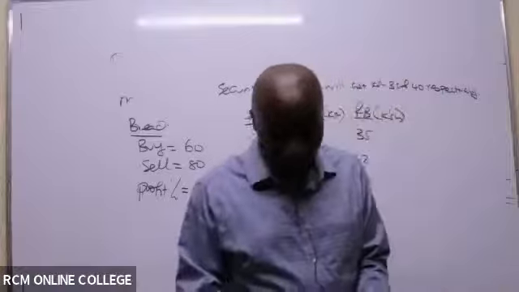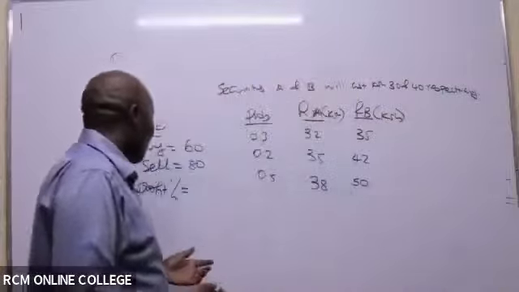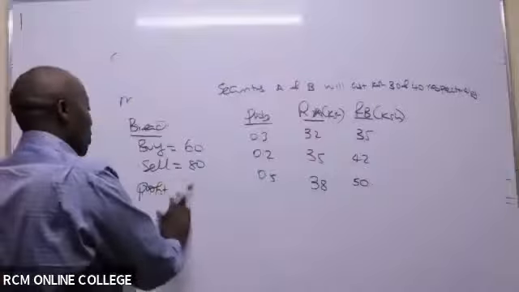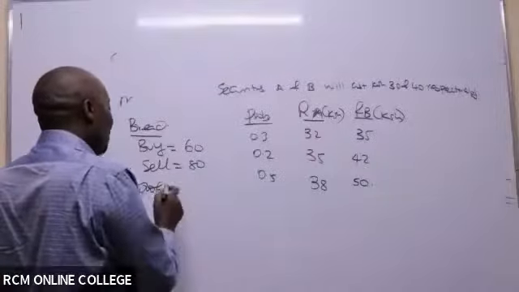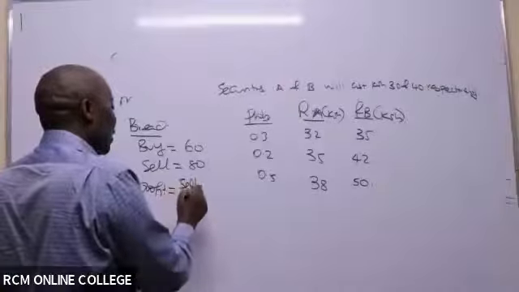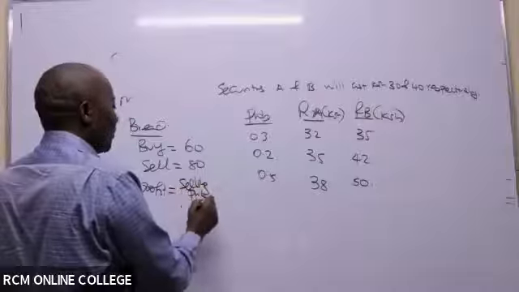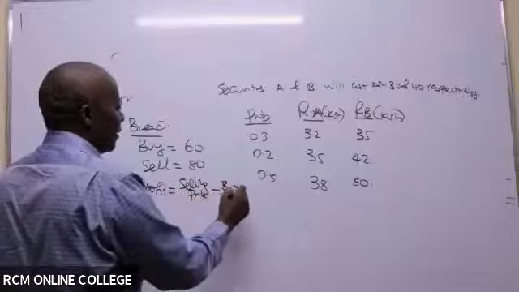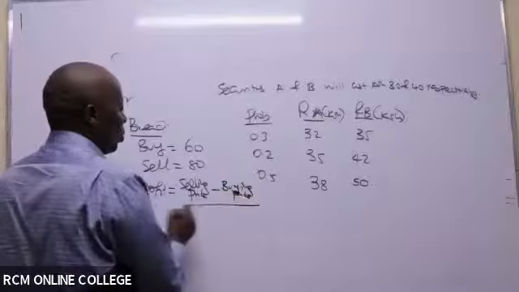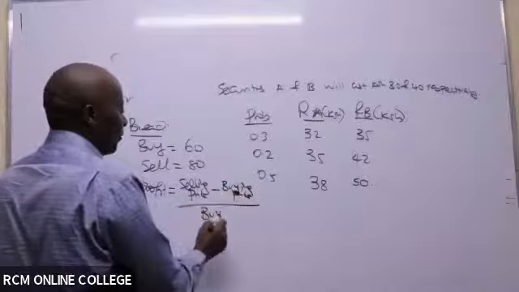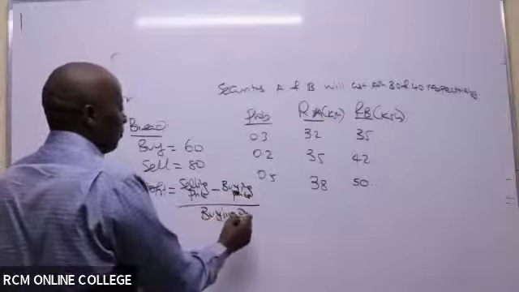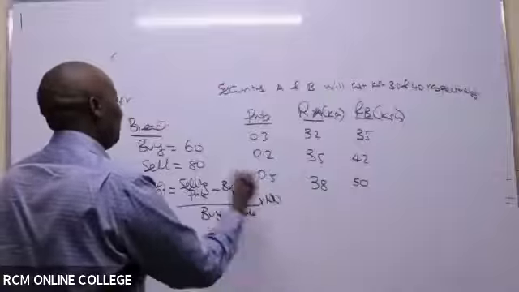All right. So, ladies and gentlemen, if they want us to give them percentage profit, what do we do? Of course, we shall take the selling price minus the buying price, all over our base, which should be the buying price, times 100.